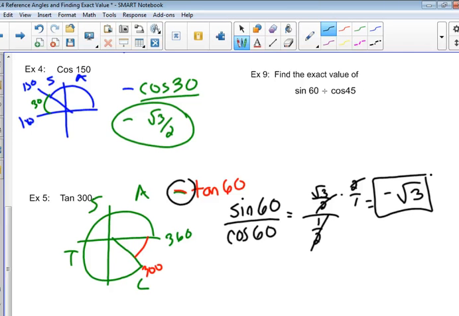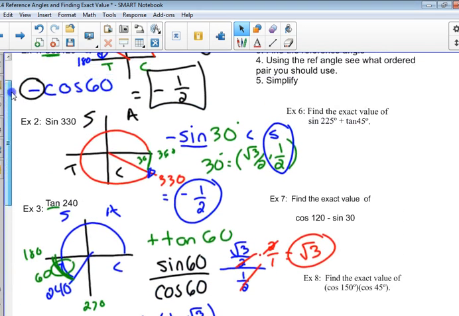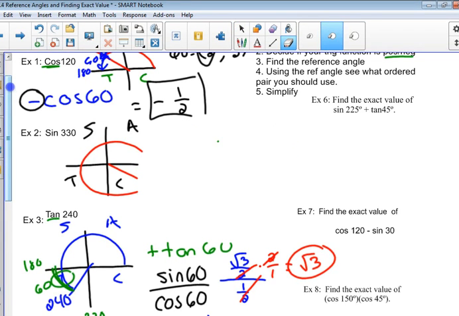Okay, awesome. I got a couple little ones I wanted to show you guys. You might get stuff like this, where they say find the exact value of things up here. If you guys are asked to find the exact value, maybe do operation, all they want you to do is really just do each of these individually and add or subtract your fractions, or multiply them, whatever they're asking you guys.